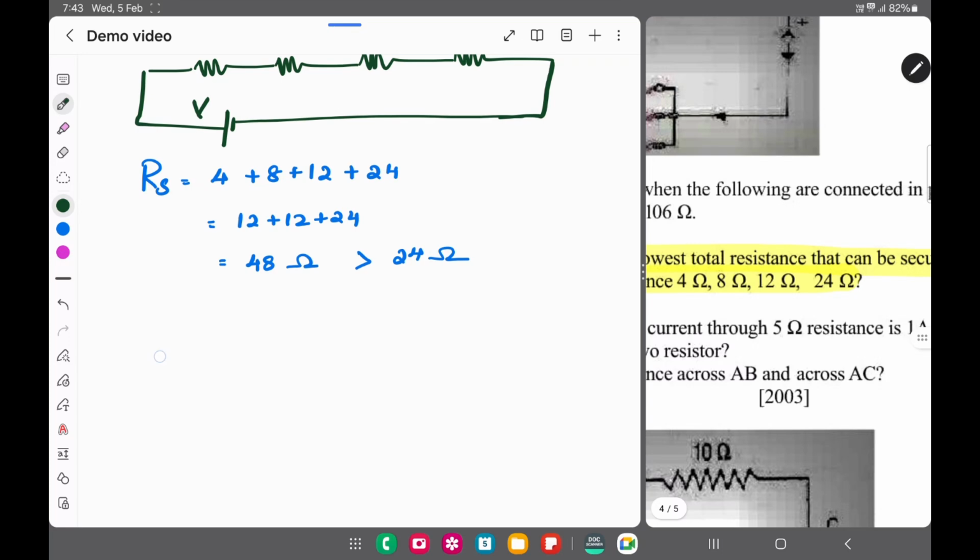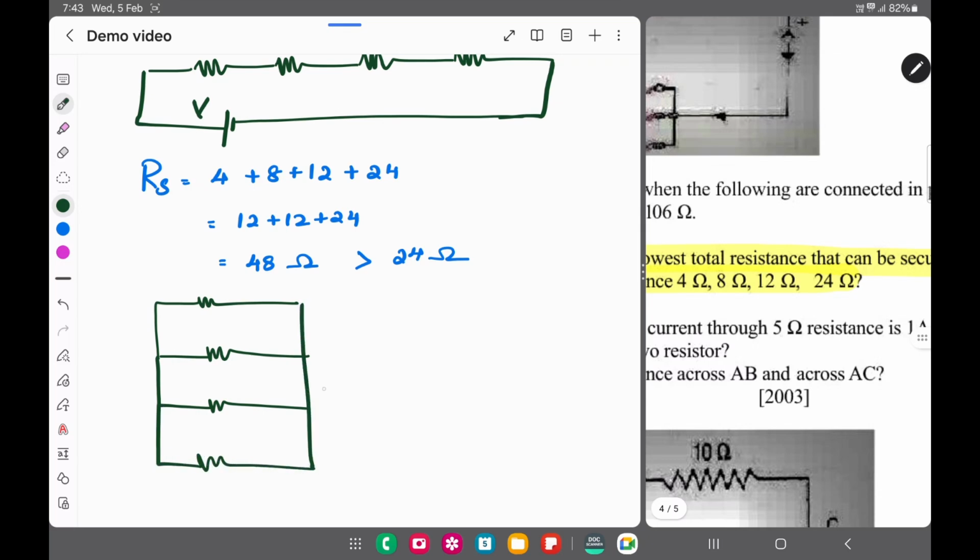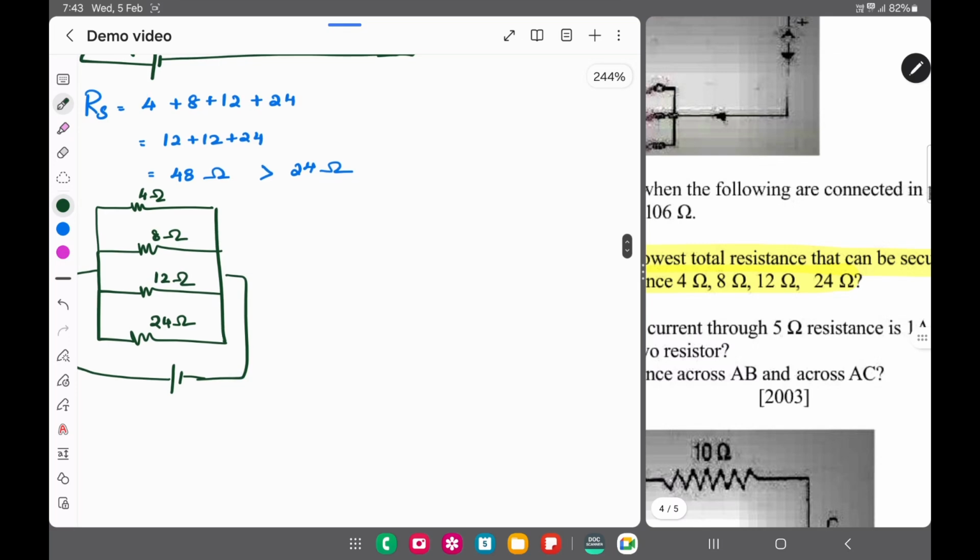Next, in the case of parallel combination. So the parallel combination is 4, 8, maybe 12 and 24. All these are connected in parallel to a battery. 4, 8, 12 and 24 ohm. Okay, so you are connecting them in parallel.